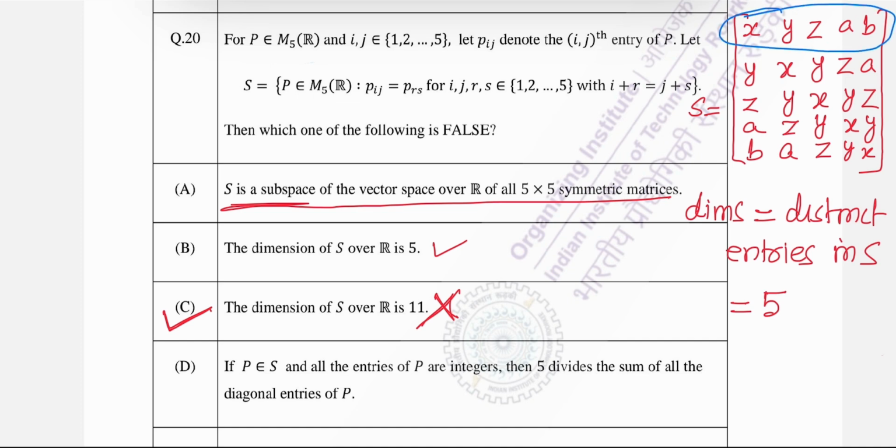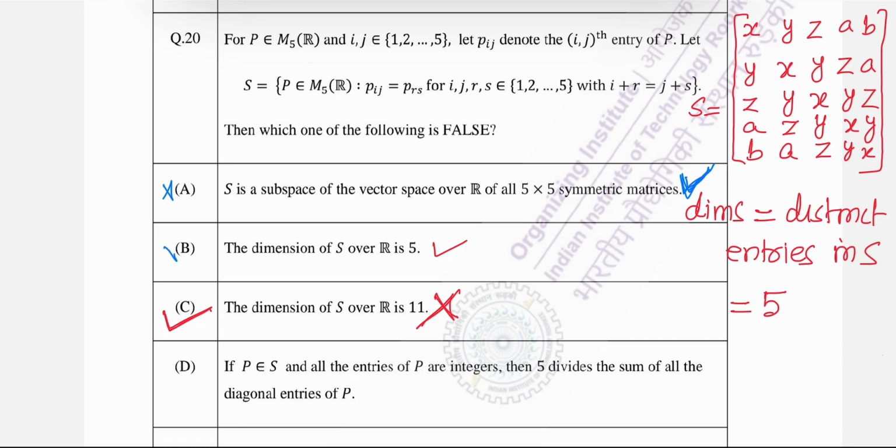And now see the first row, it is the same x, y, z, a, b. If you compare the second row with the second column, then you will see the same pattern. This means that S is symmetric. So our option A is correct, but we have to choose the false one. So this option should not be ticked in the examination hall.